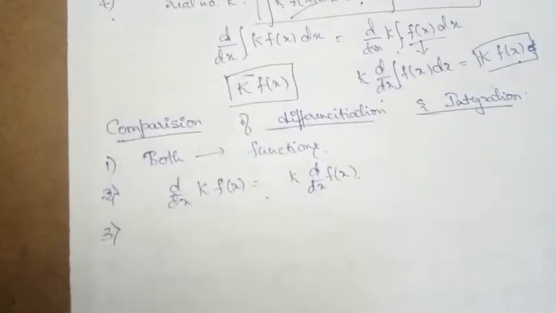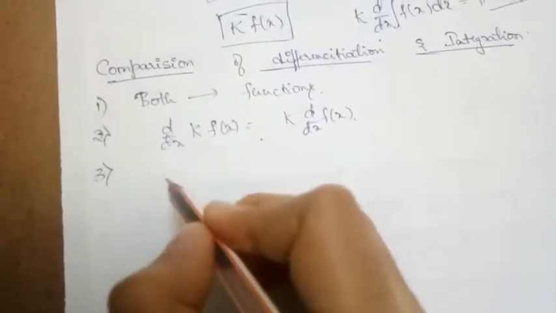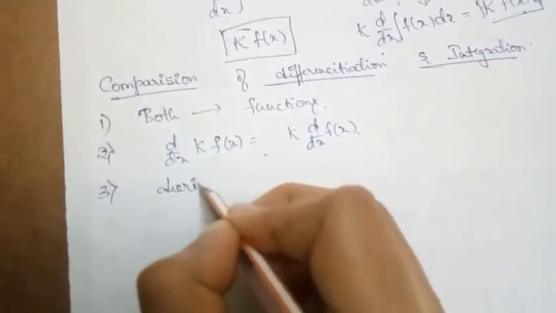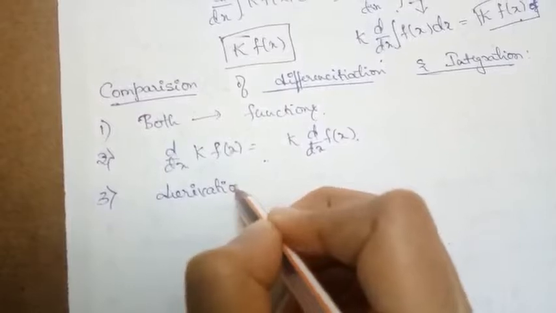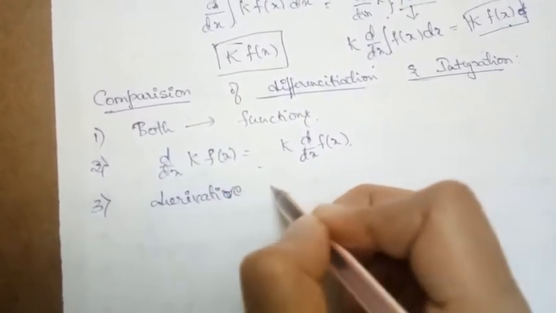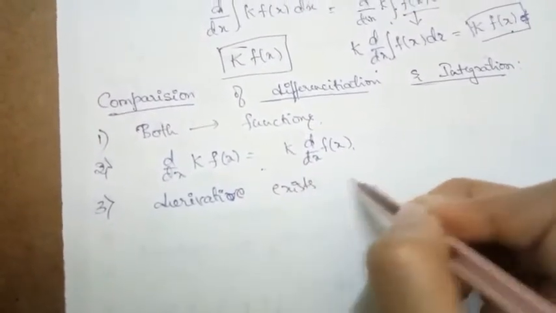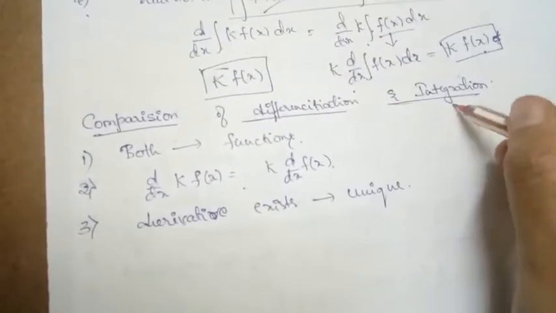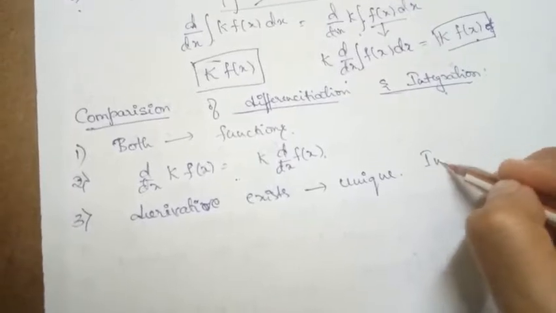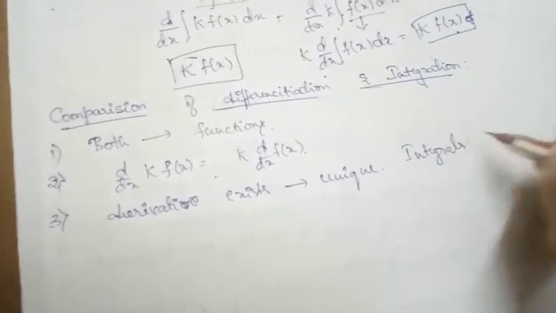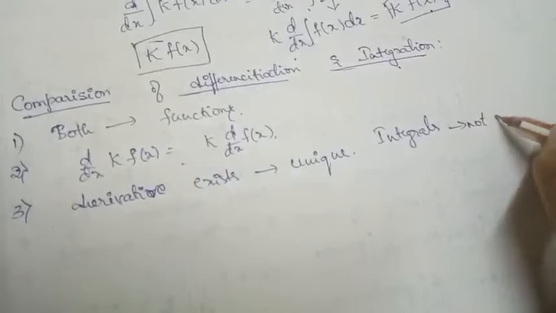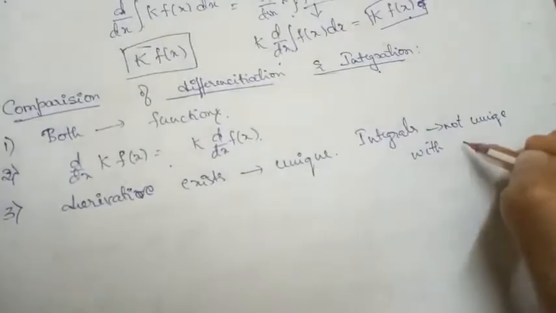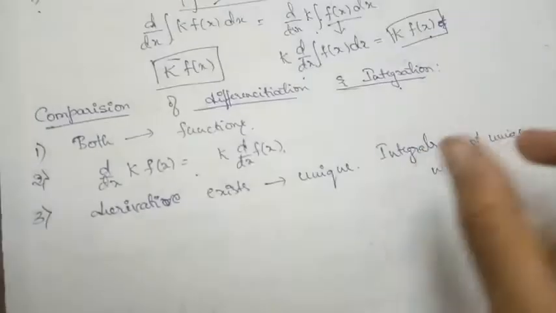The next thing I can say is, in the case of differentiation, if I take the derivative of a certain function and the derivative exists, then it is a unique one. But when it comes to integration, if I take the integral, it is not unique. It is not unique because it varies with the constant of integration.